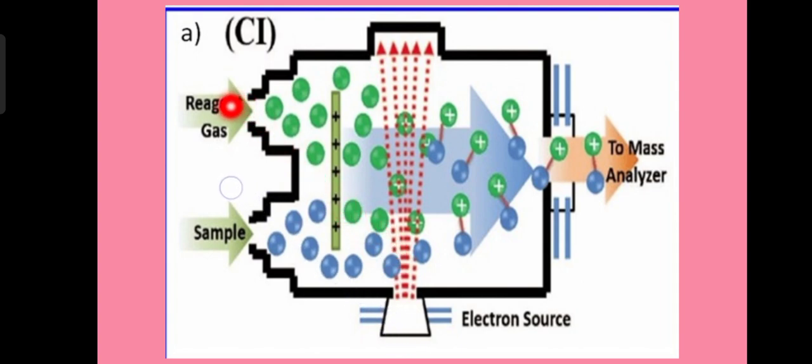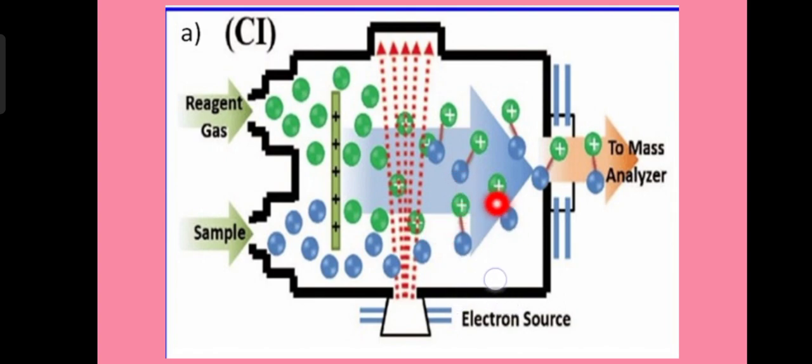Now, as soon as the reagent gas enters, the electron is going to bombard, and it will result in the formation of primary ions firstly, followed by the secondary ion formation. Now, because of the introduction of the sample, these secondary ions will interact with these analyte molecules, and there will be charge transfer.